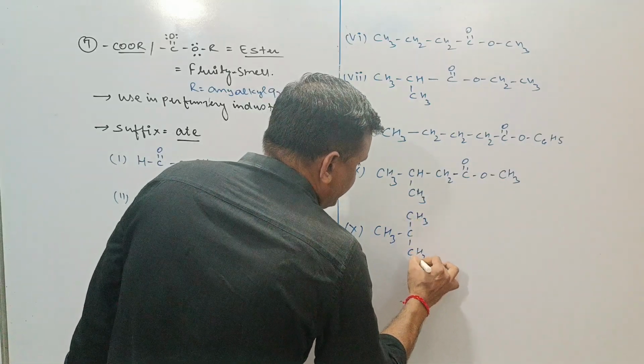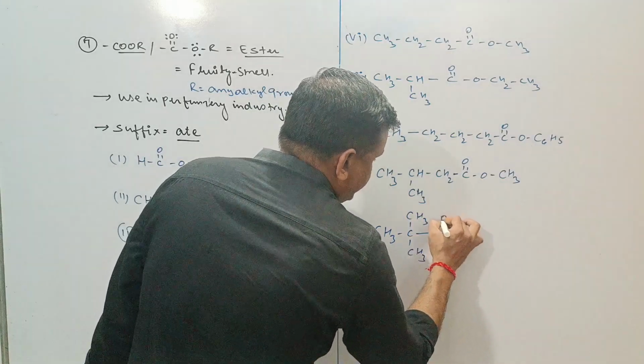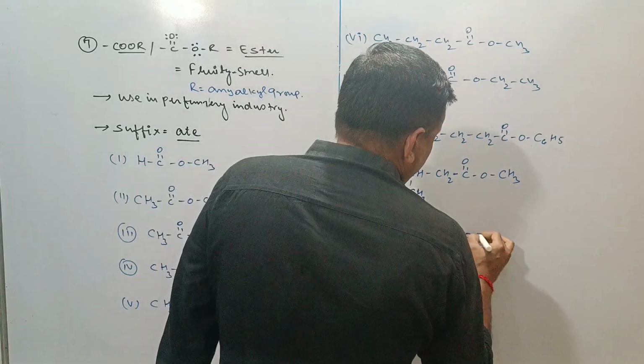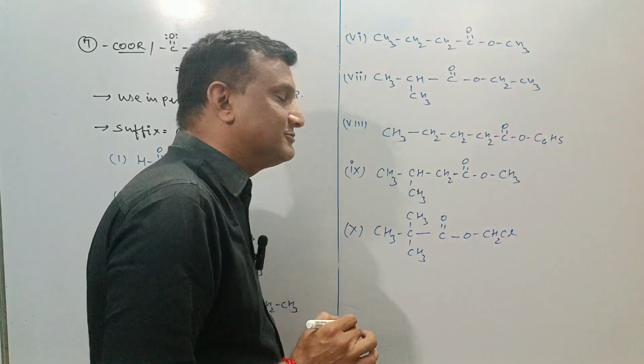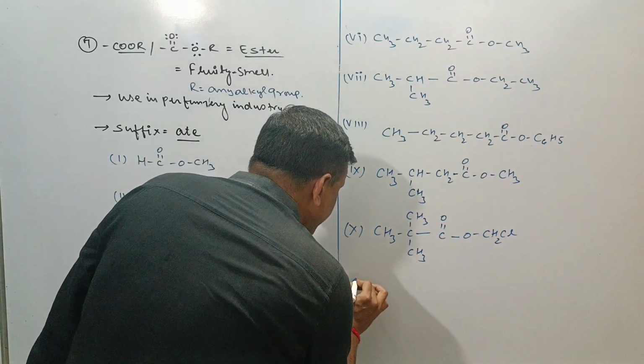This is CH3, this is your CH2Cl, CO, O, you can take CH2 and we can take the substituent Cl also. Totally different.